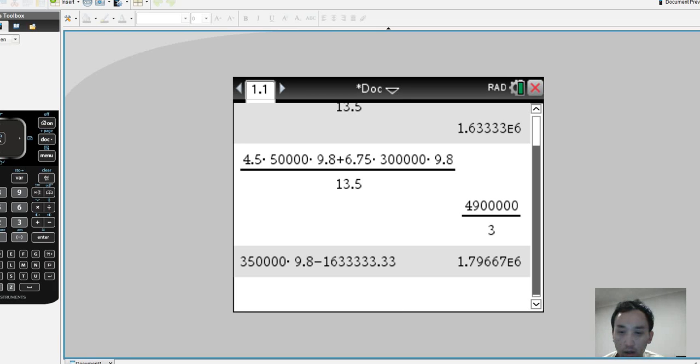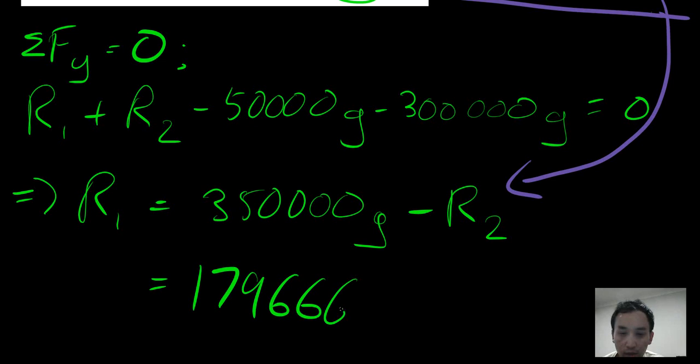Pretty sure this decimal keeps going. Okay, so if you want one decimal place, let me just do the 0.7 over here, and this is in newtons.